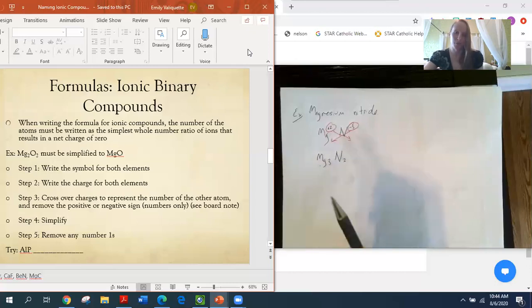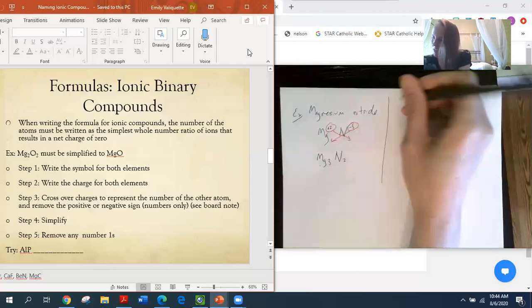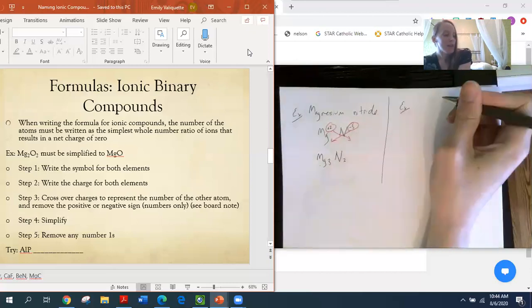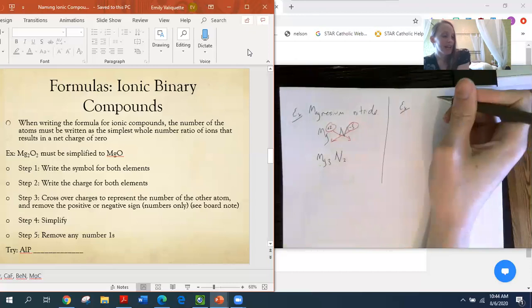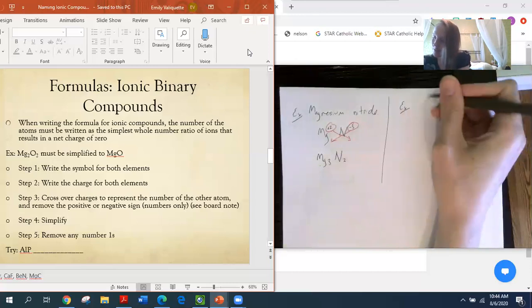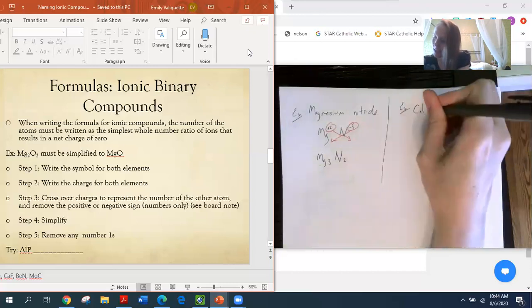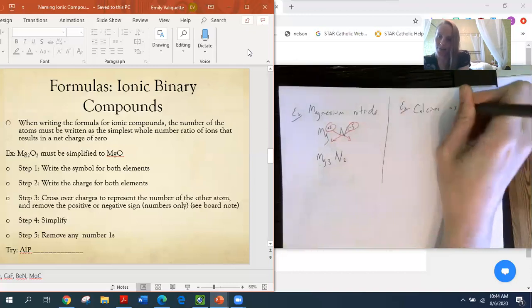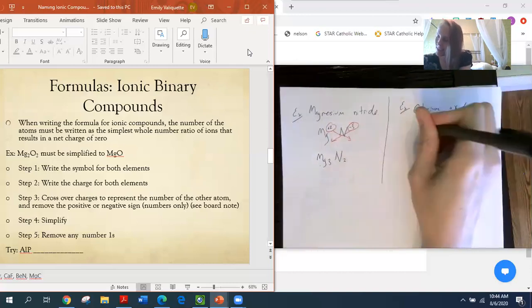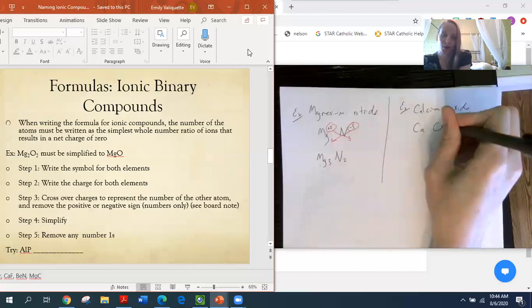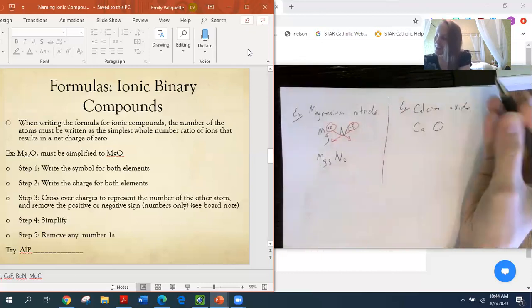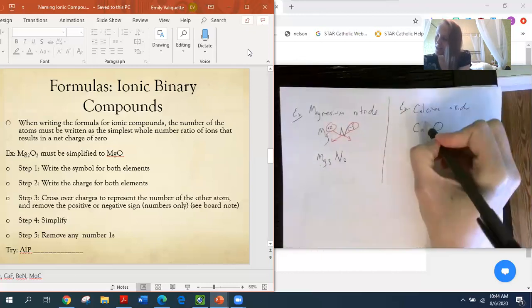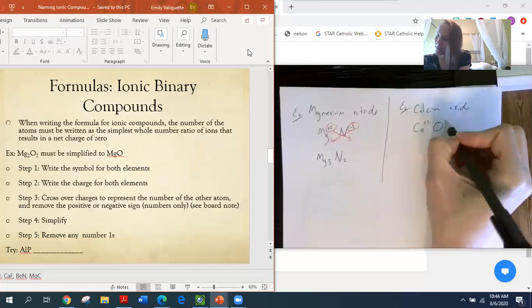Let's try another example where you would need to simplify. So if we had, let's say, calcium oxide. Calcium is Ca, oxygen is O. Calcium has a charge of +2, oxygen -2.